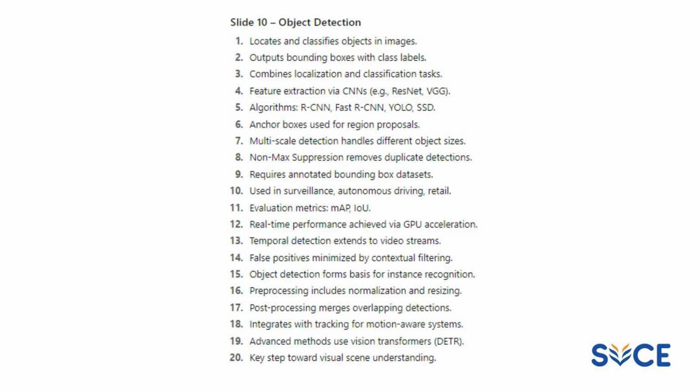It is extended temporally to video streams, but we have to handle false positives to minimize them with contextual filtering, where object detection forms a basis for instance recognition. The pre-processing includes normalization and resizing. The post-processing merges overlapping detections and integrates with tracking for motion-aware systems, with advanced methods used as well.